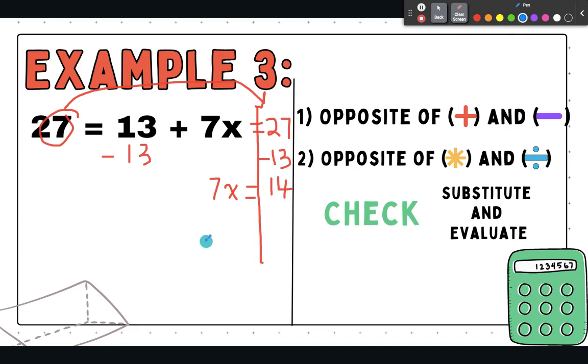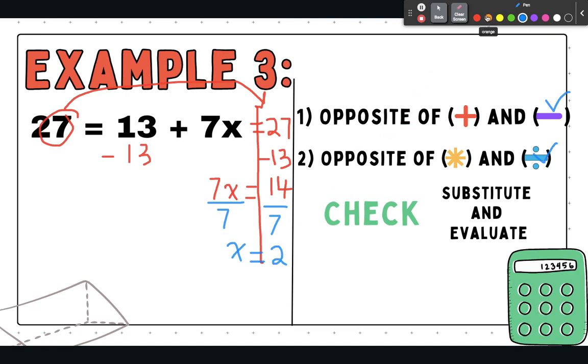We're going to now do the opposite of multiplication or division. The opposite of multiplication is division. So we're going to divide both sides by our coefficient of 7. How do I know what to divide by? We always divide by our coefficient. Always, always, always. Whatever is being multiplied by our variable. So 7 times x divided by 7 is 1x. And 14 divided by 7 is 2.